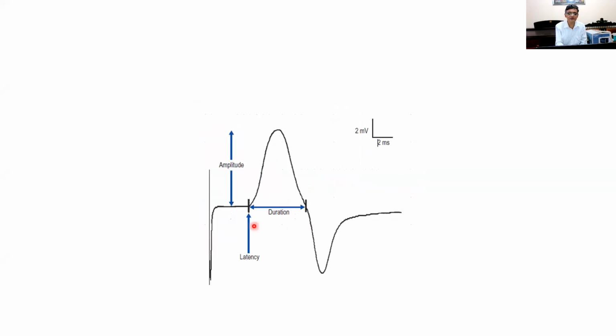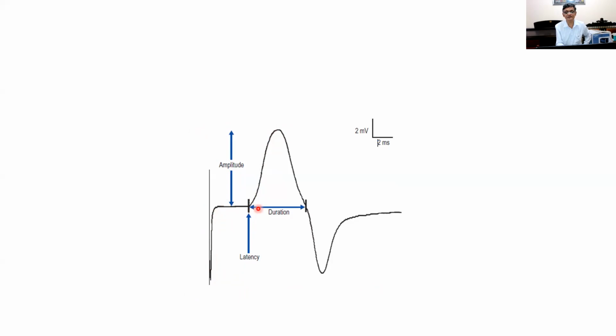So again, you have latency. The stimulating point is here. That is the stimulus artifact, and this is the beginning of the rise of the wave. So up to this point is the latency. So this is the latency value. This is the time axis, and then the wave starts going up, and the maximum height that it reaches is what is called the amplitude of the action potential, right?